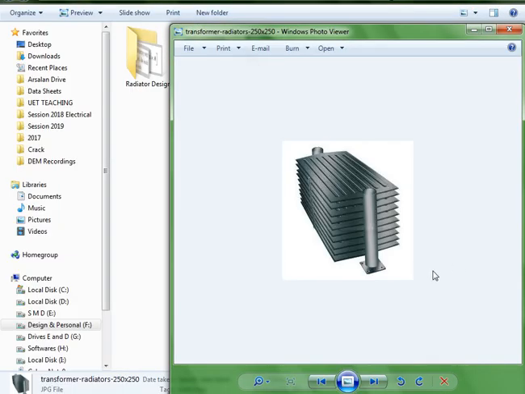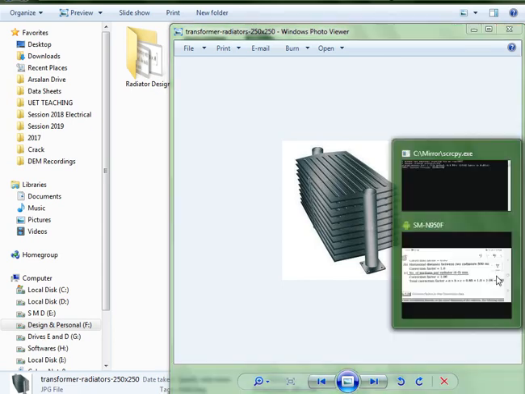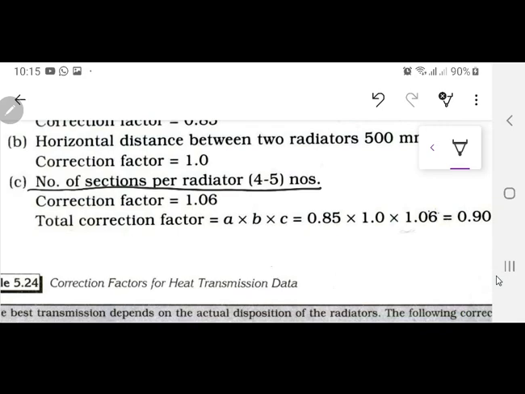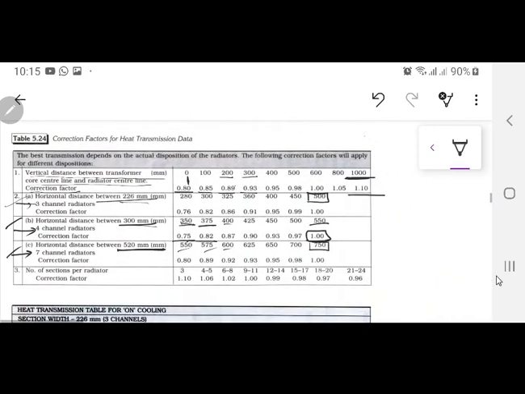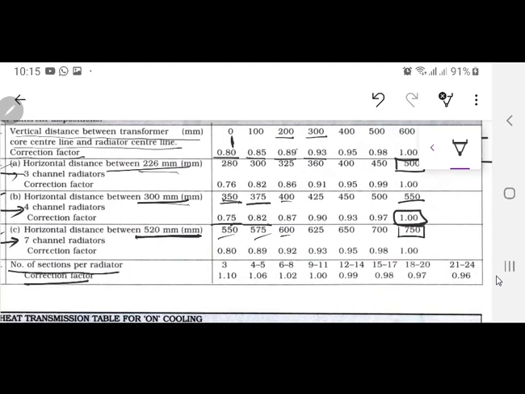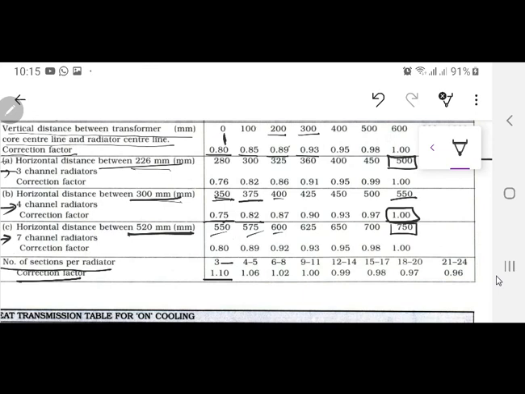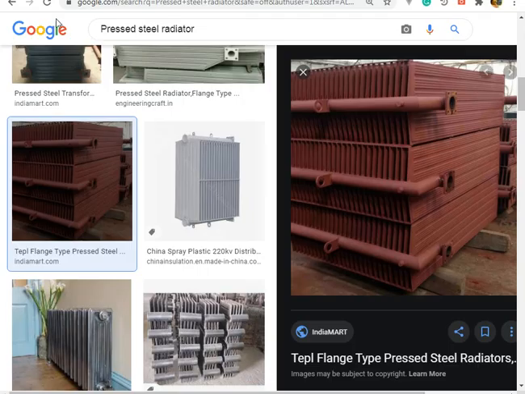Sections mean 1 2 3 4 5 6 7 8 9 10 सेक्शंस, इन्हें मैं फिन्स भी कह सकता हूँ, बट फिन्स का लफ्ज़ हम यहाँ यूज नहीं करें बिकॉज दे आर नॉट एक्चुअली प्रैक्टिकली फिन्स, बट इज द सेक्शंस ओवर देयर. सो नंबर ऑफ सेक्शंस पर रेडिएटर 4 to 5 नंबर्स, ये हमारे डिसीजन पर है. बट इफ यू सी दिस करेक्शन फैक्टर, नंबर ऑफ सेक्शंस पर रेडिएटर, इफ यू हैव 3 यू हैव 1.10. 3 है, थोड़ा सा फासला है दोनों के दरमियान में, तीनों के दरमियान में, बड़ी अच्छी कूलिंग करेंगे. लेकिन अगर आपने थोड़े से स्पेस के अंदर आपने 12 से 14 सेक्शंस ऐड कर दिए तो दोनों एक दूसरे के करीब करीब होंगे. जस्ट लाइक द पिक्चर आई शोड यू ओवर हियर, दिस वन.